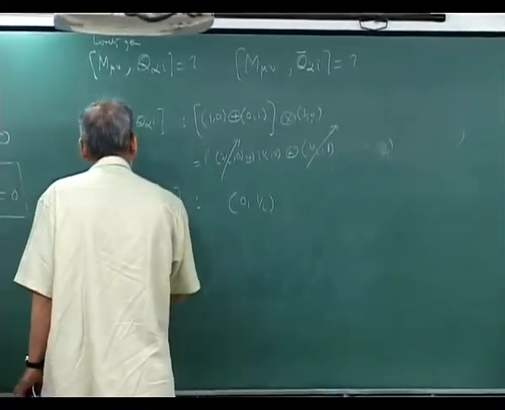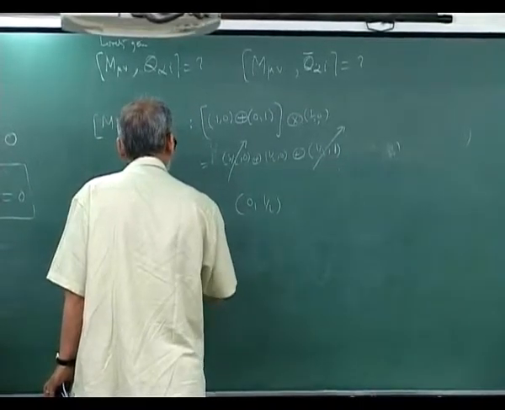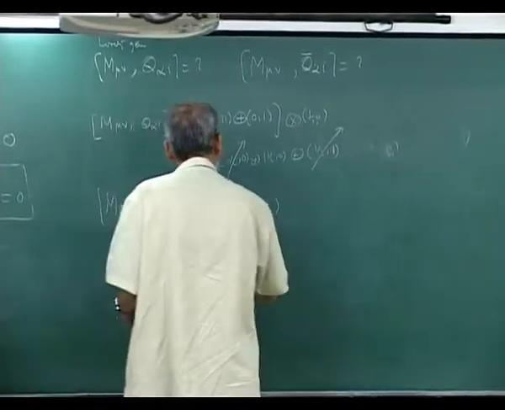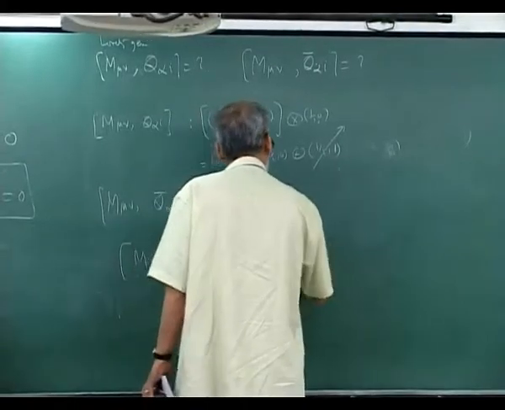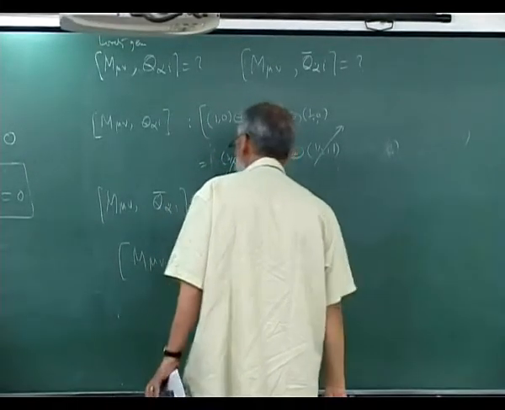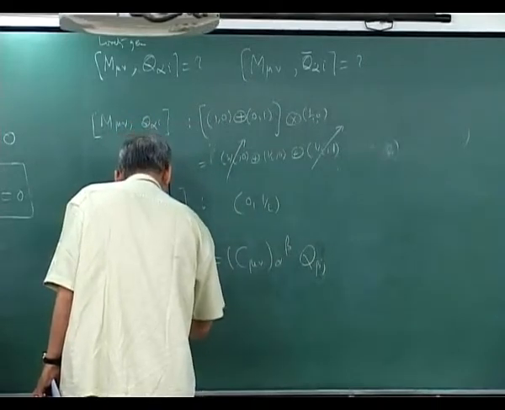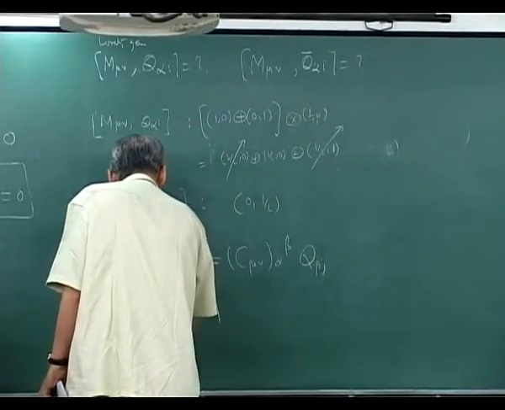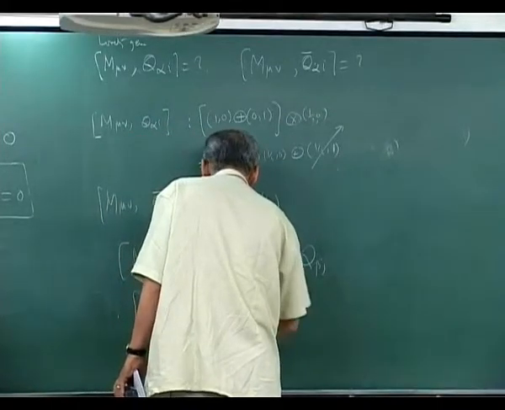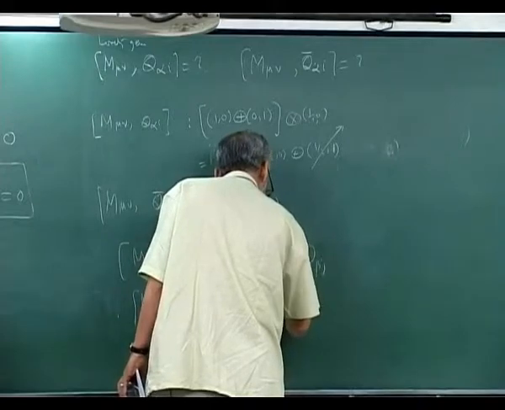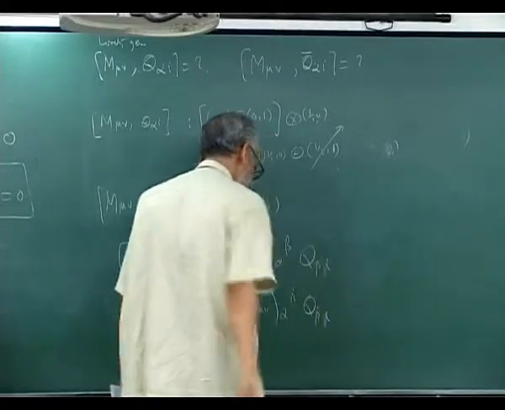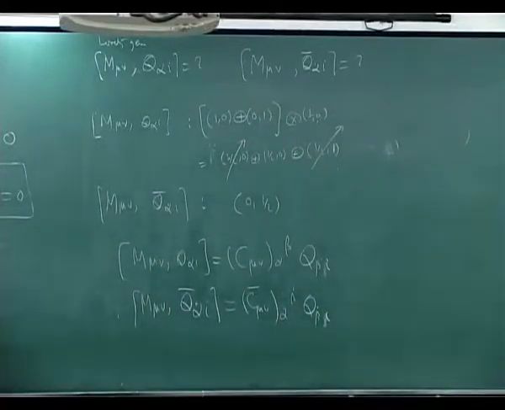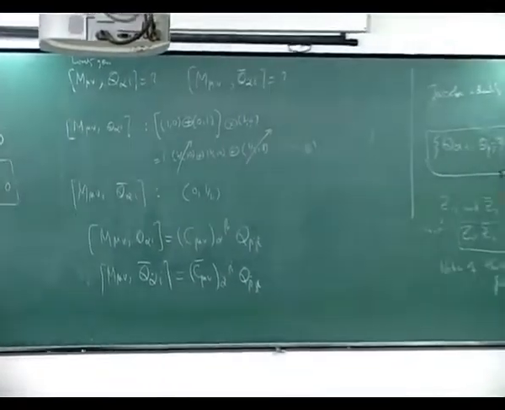So let me try to write the commutator of M mu nu with Q alpha I as C mu nu alpha beta of Q beta I, and the commutator of M mu nu with Q bar alpha dot I to be C mu nu alpha dot beta dot Q bar beta dot I. What are these C mu nu? They are some quantities, objects which I must determine.